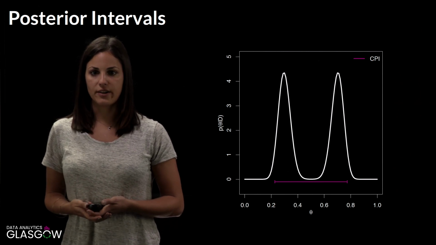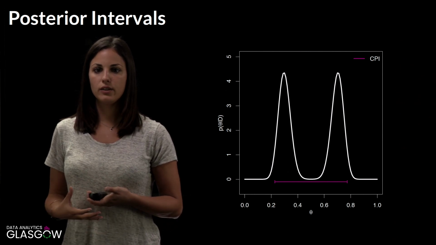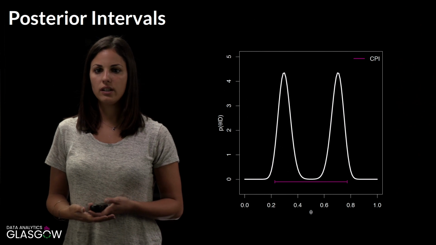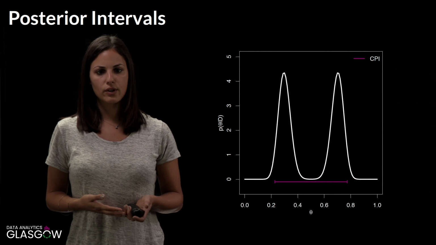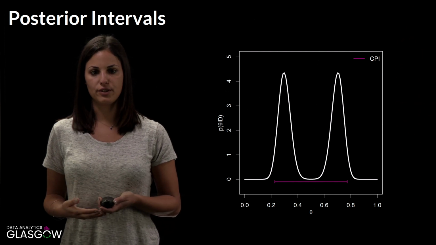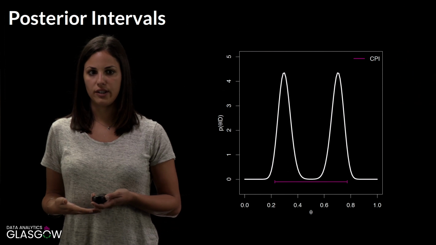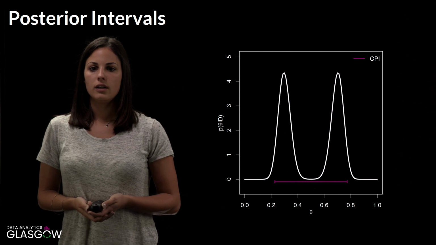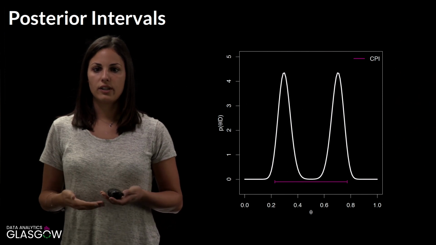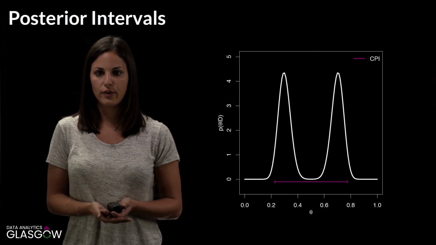Another way to summarize our results is through posterior intervals. Posterior intervals provide information about uncertainty and can be easily combined with point estimates. Here we consider an example of a mixture of beta distributions, and we consider two types of posterior intervals. The first is the central posterior interval. First we need to decide on a significance level, which, say for example, we choose 5%.